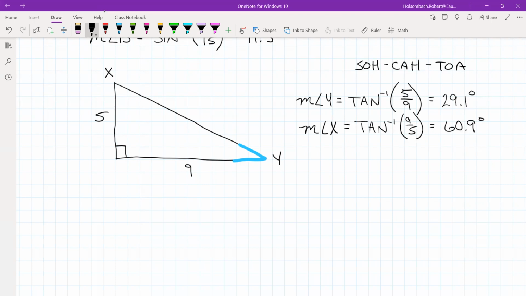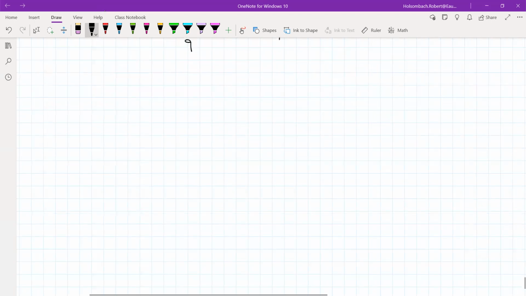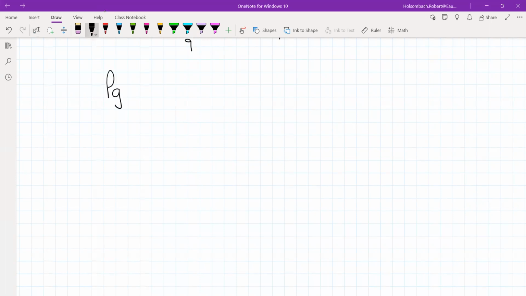All right then, so your practice for today. It's going to start on page 573. Twelve through 14. And then 36 through 41. And I need you to find both angles.